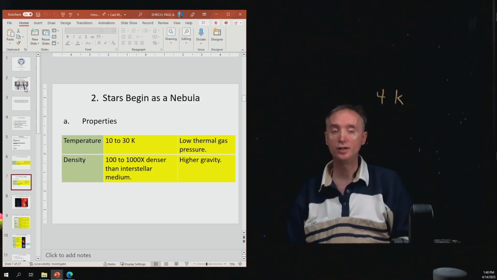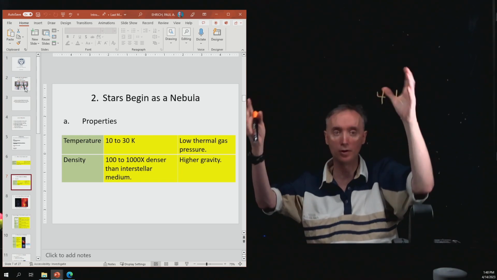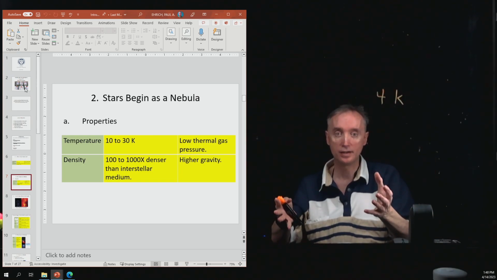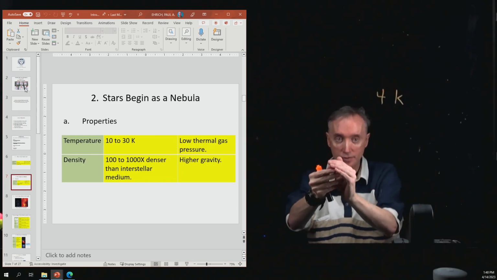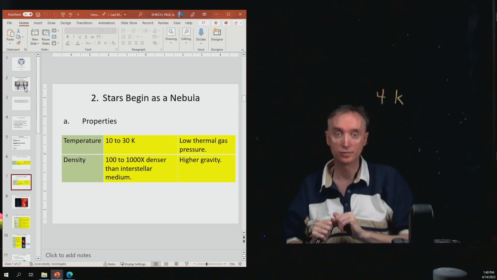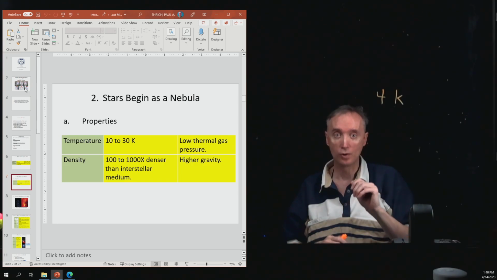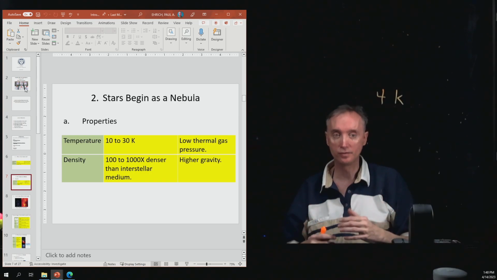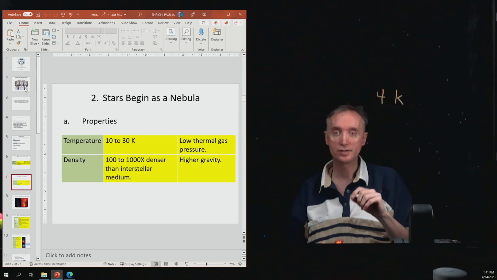Okay, then you need to know what a nebula is. A nebula is a big ball of gas that can collapse to make a star, or stars. So what are some properties of these big balls of gas floating around in outer space? Well, they have a temperature, and this is important, of 10 to 30 Kelvin.